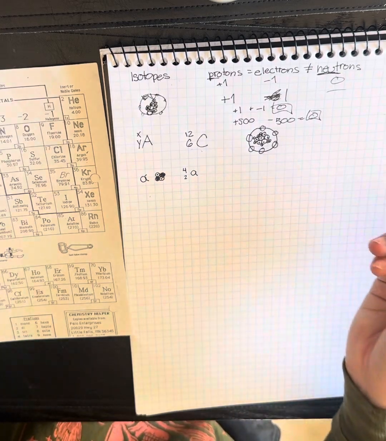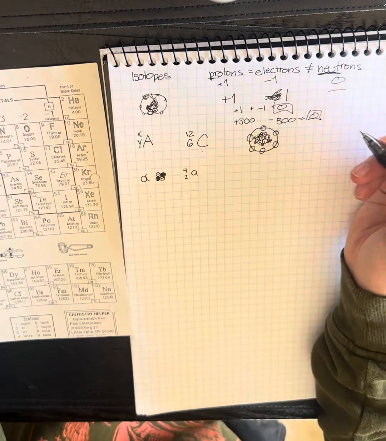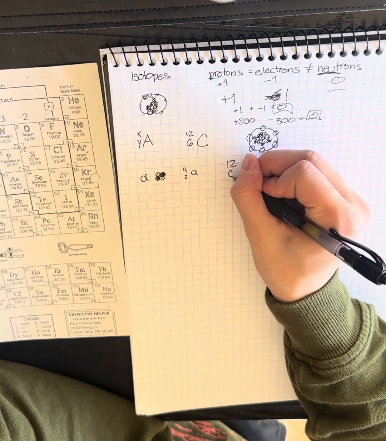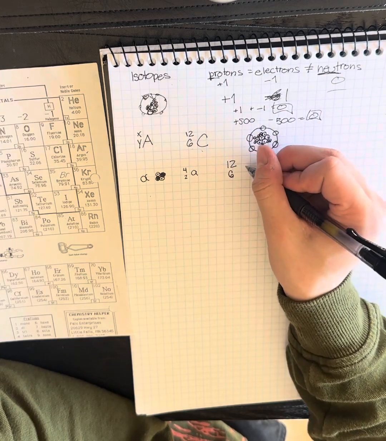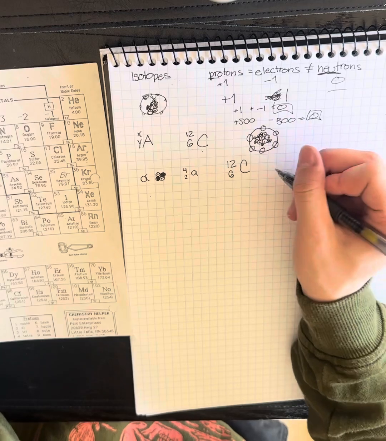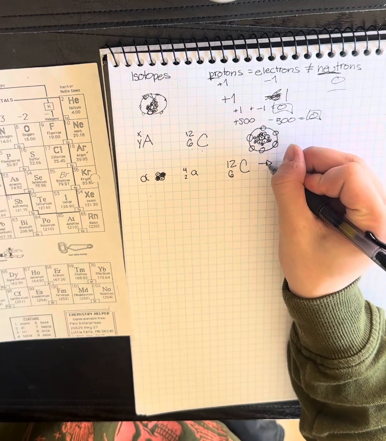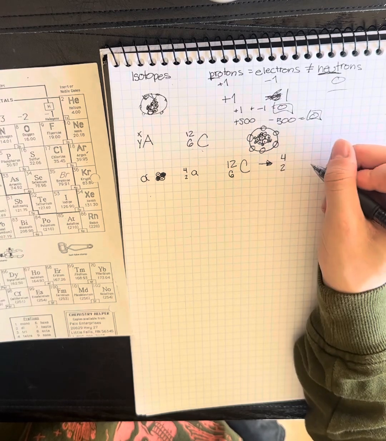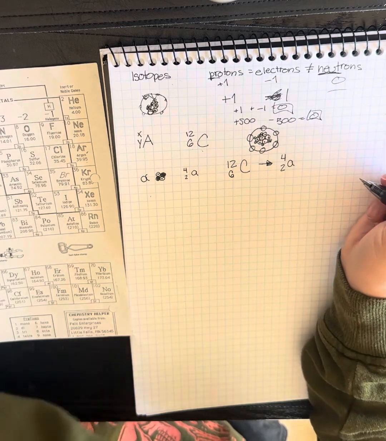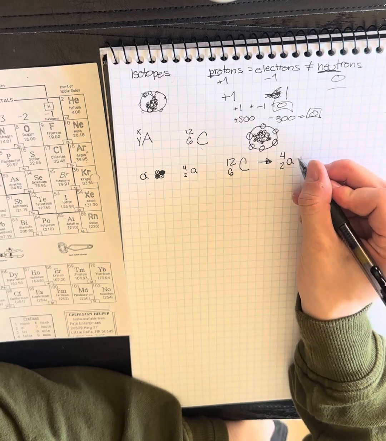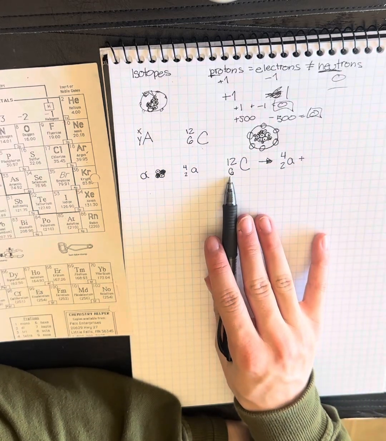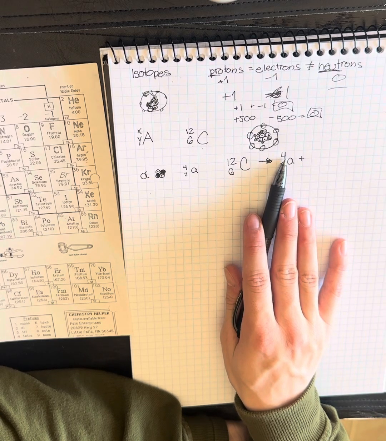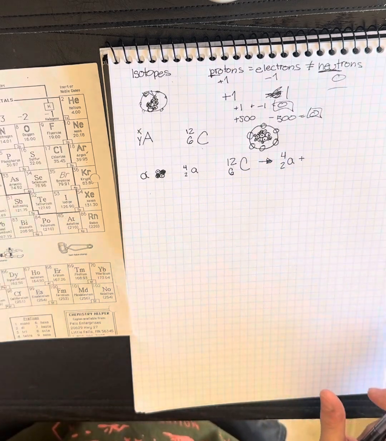I'm gonna do carbon the whole way through here, so I don't make my brain hurt. We have carbon 12, and it's gonna go through alpha decay. So it spits off an alpha particle in order to become more stable, and loses 2 protons and a mass of 4.